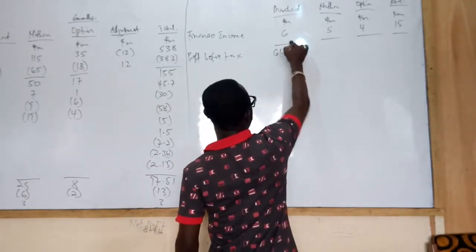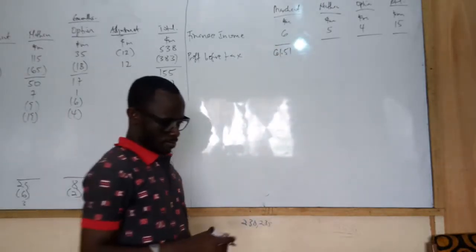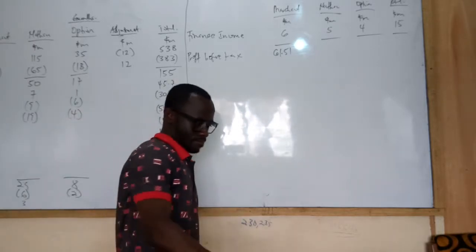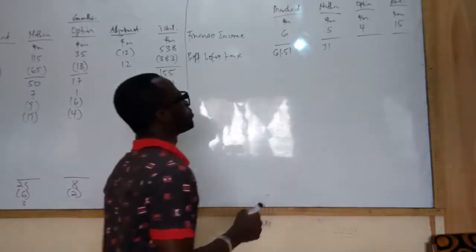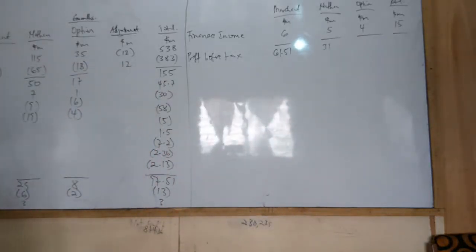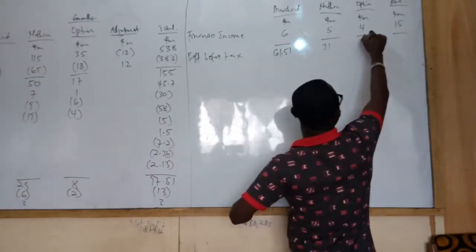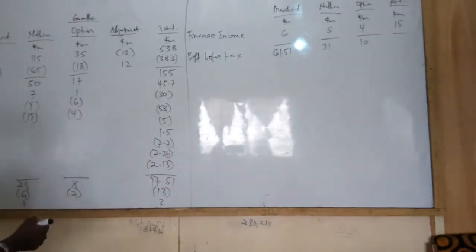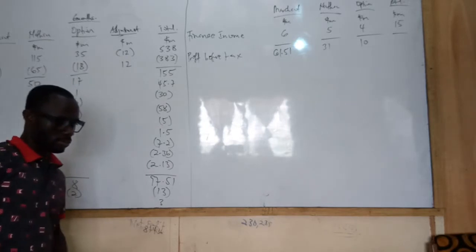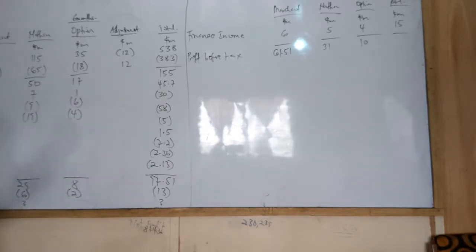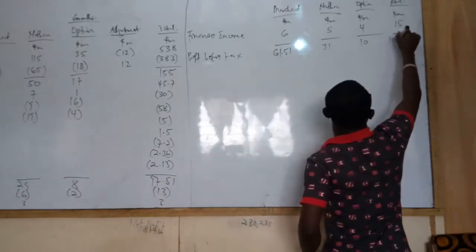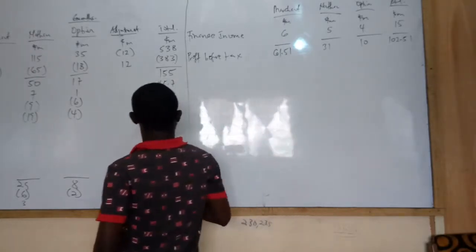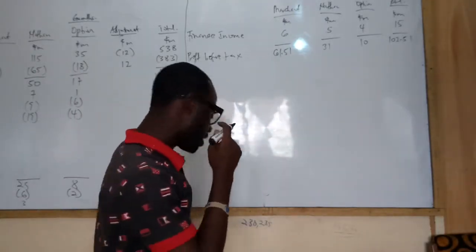Yes. 31. 10. 10. 102. What else from here? Income tax, income tax expenses.